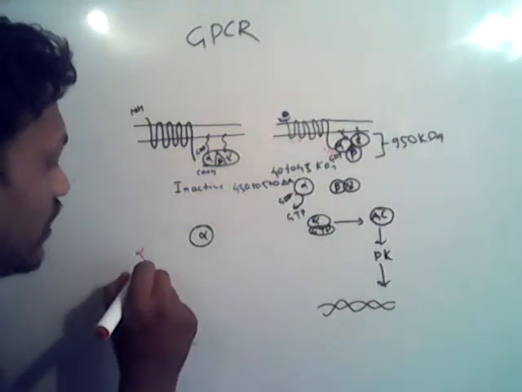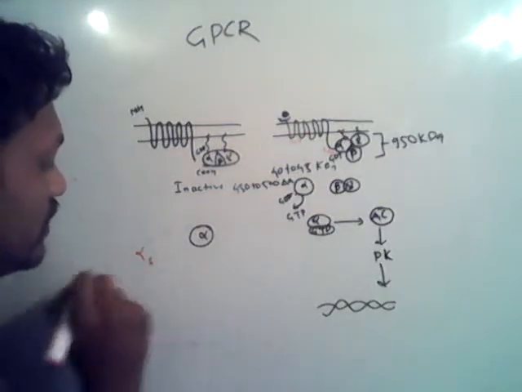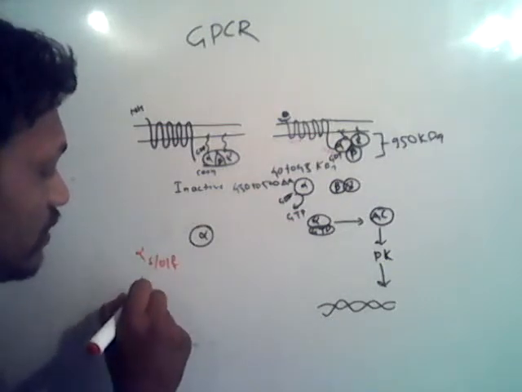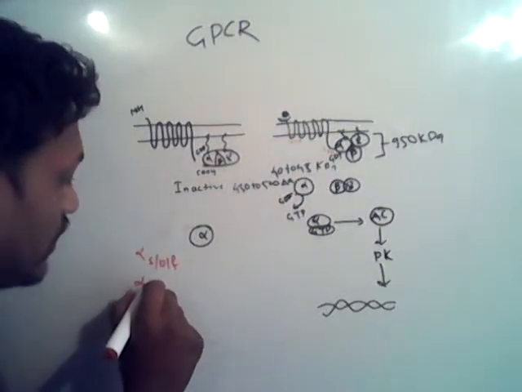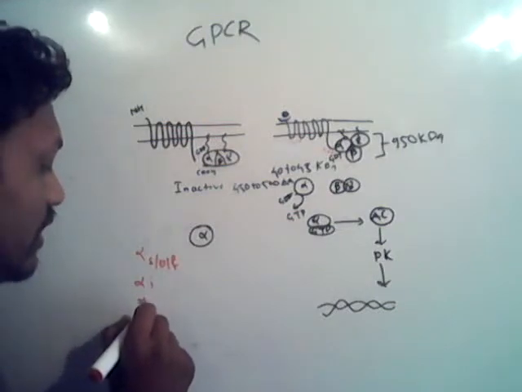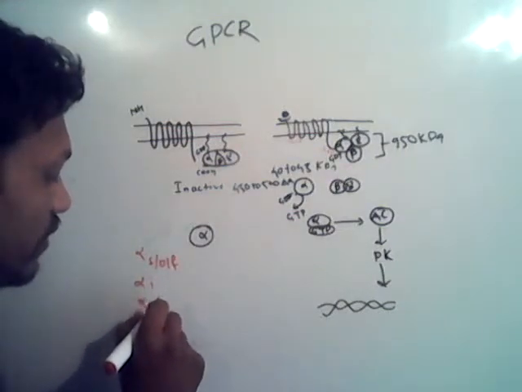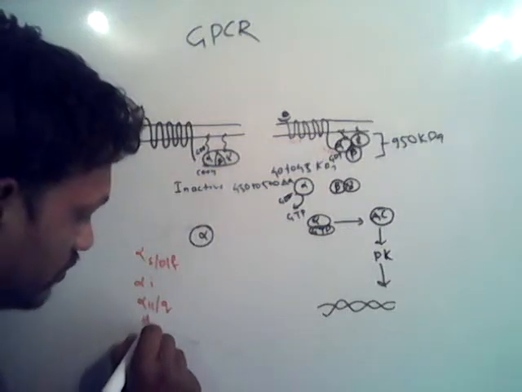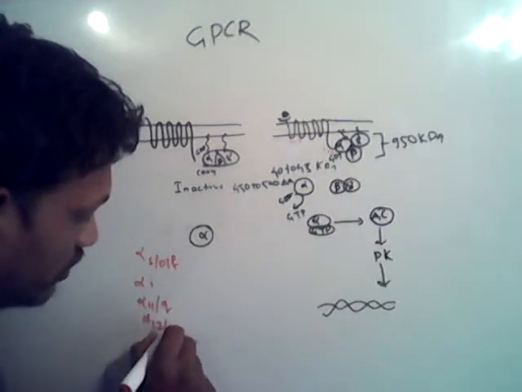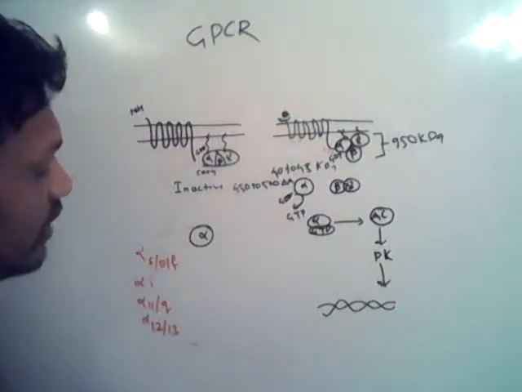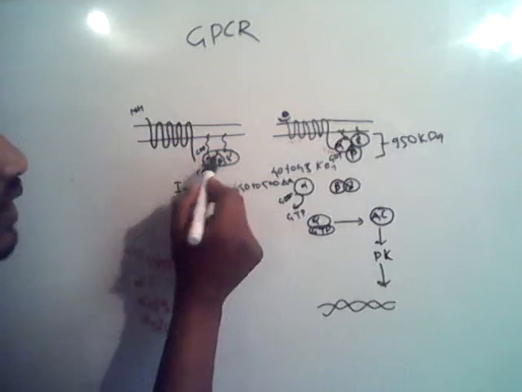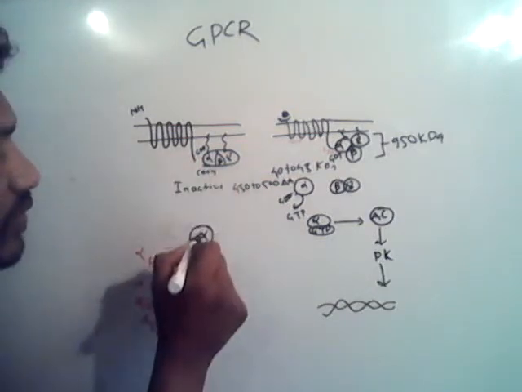First is alpha stimulant or OLF, then alpha inhibitor, then alpha 11 or Q, then alpha 12 or 13. Now what happens if the G protein coupled receptor contains this alpha subunit?